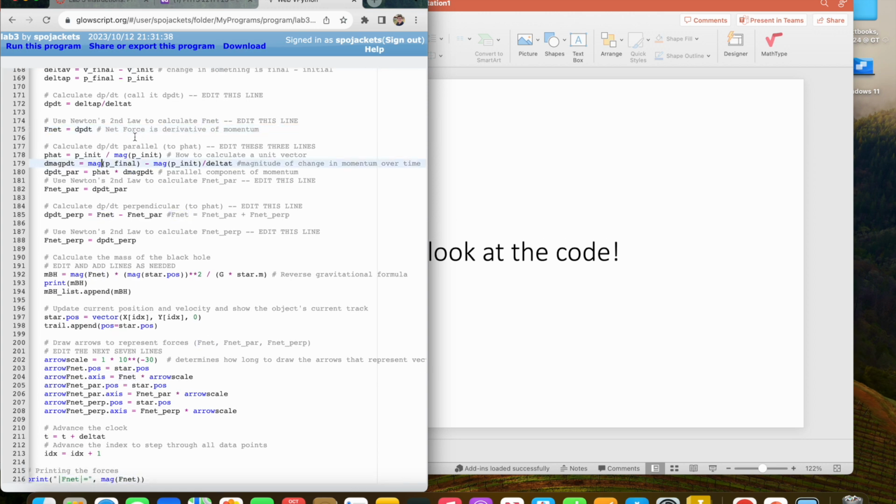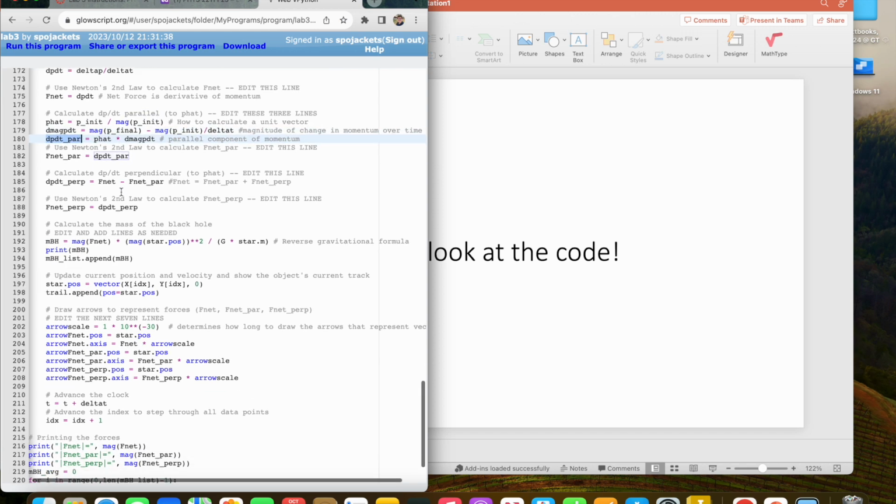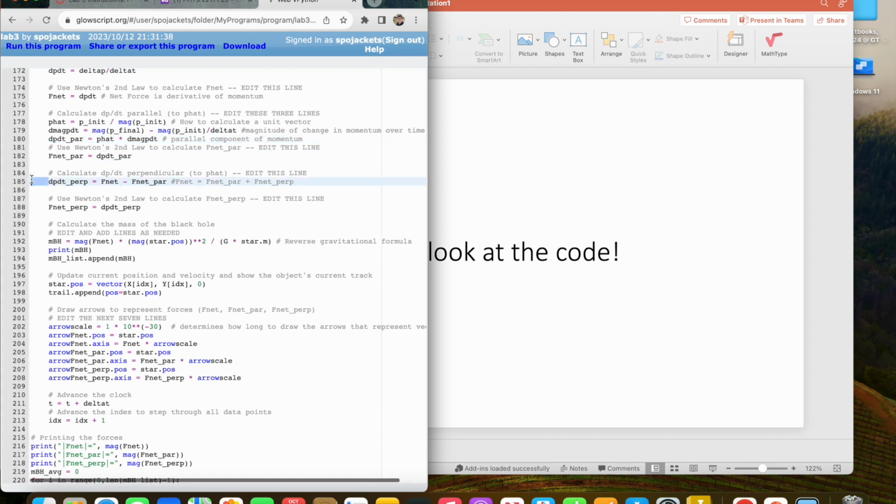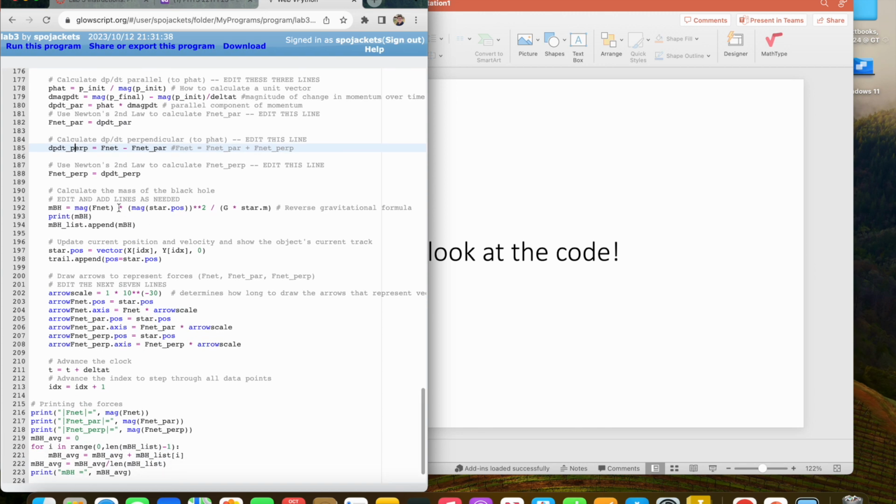To find the parallel component, we divide the initial by the magnitude, and then we take the magnitude of the change, divide that by delta t, and multiplying those two things gives us the parallel component. Now subtracting that from the net force, we get the perpendicular component, and then the magnitude of F net times the radius squared over G times mass of the star gives you the mass of the black hole. Notice that that's the reverse gravitational formula.